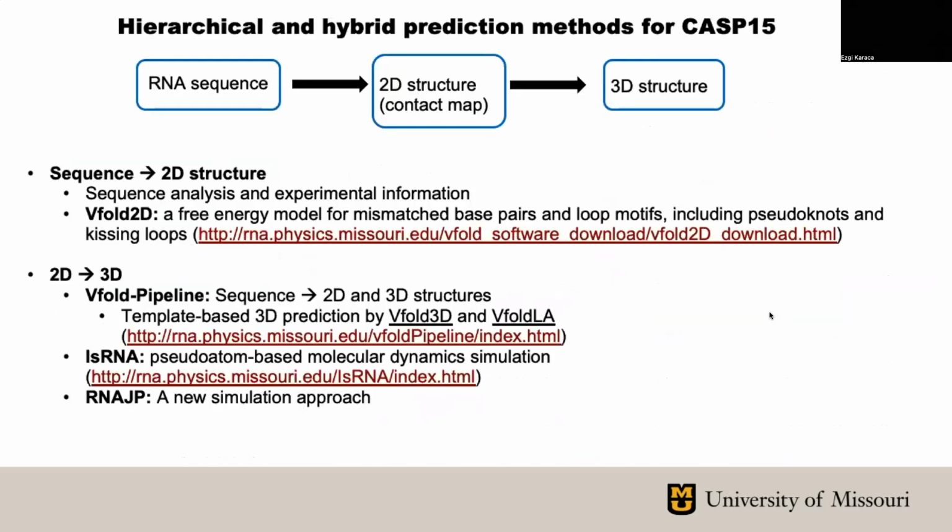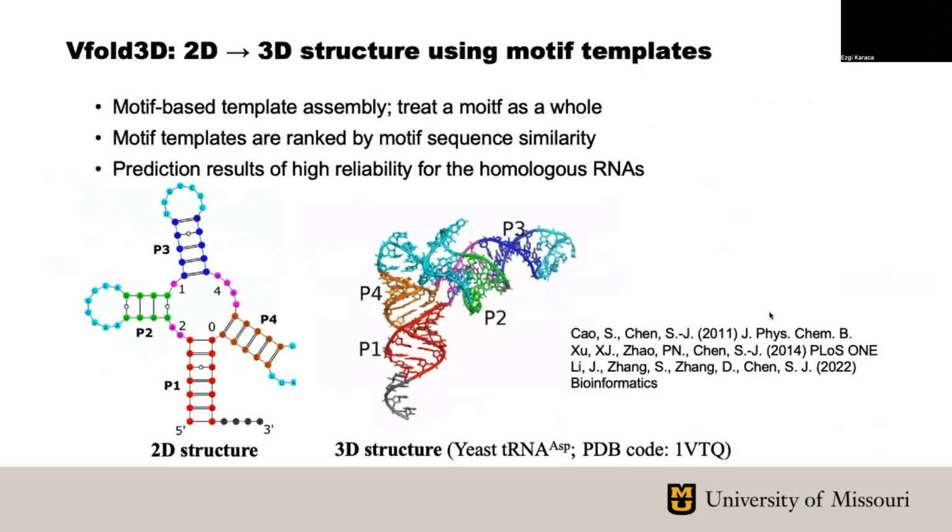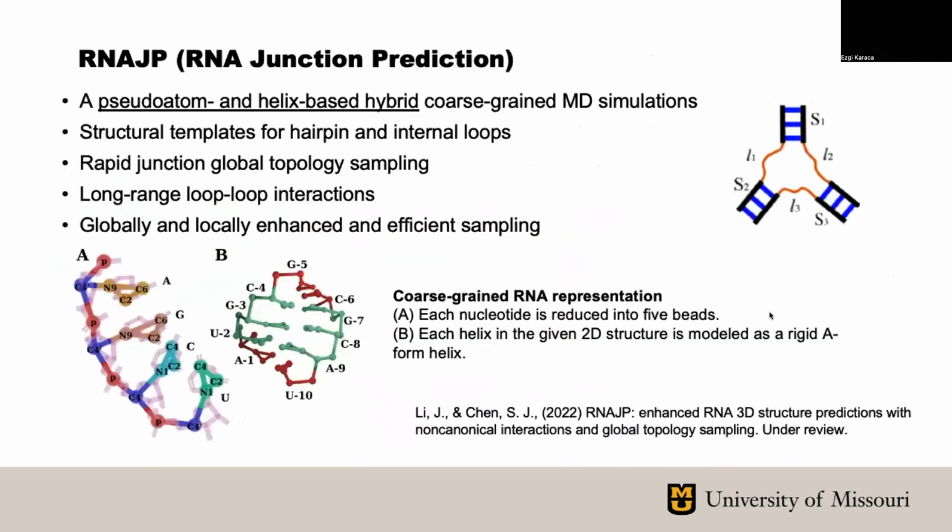Recently, following a similar MD simulation strategy, we developed another model called RNA junction prediction. I won't spend too much time on this model. This model is not published yet, but it's really a cool model.